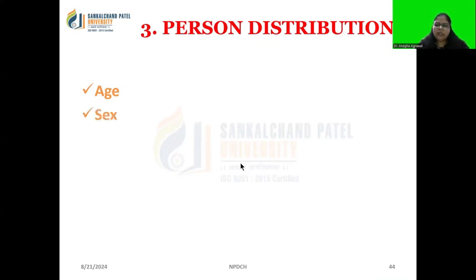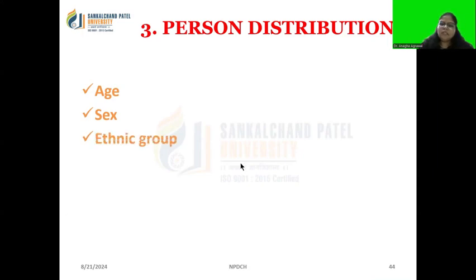Then second is gender. Some diseases are more common in some genders. For example, diseases related to pregnancy, like hormonal changes which happen during pregnancy and puberty. At that time, gingiva becomes more susceptible to inflammation in females. So this is a sex or gender dependent disease.